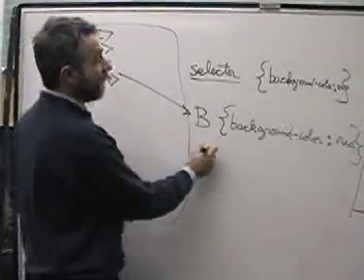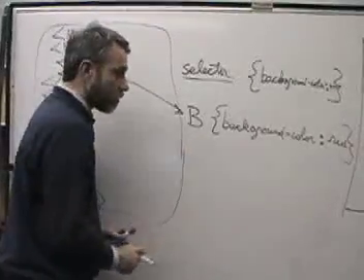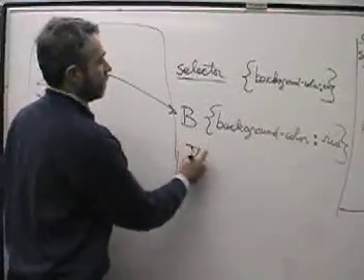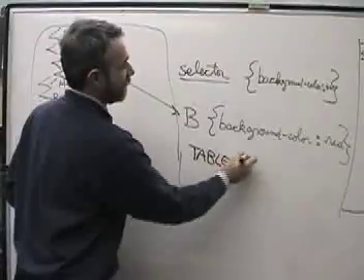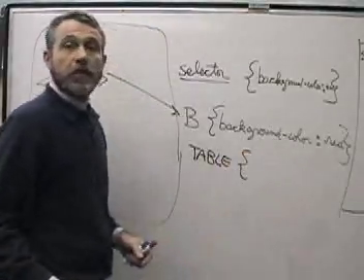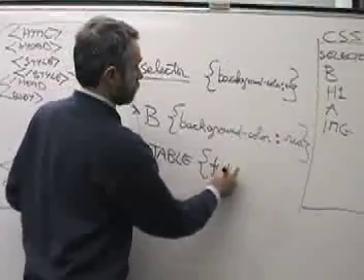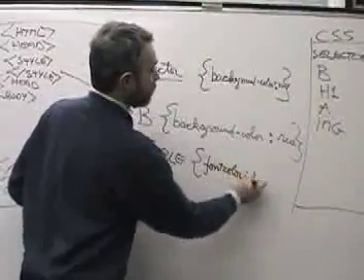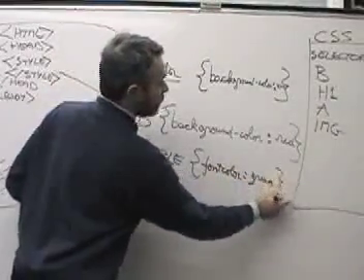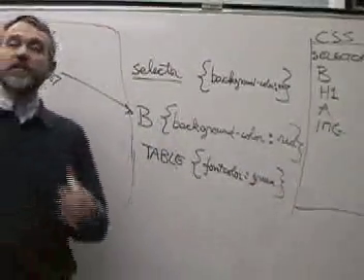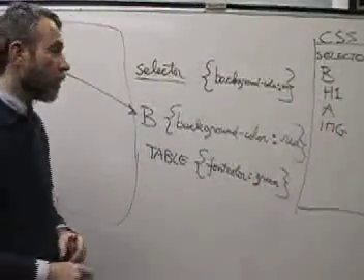So if you want to have tables, all tables with font color green, that's how you do it. And if you have several instructions, you separate them with semicolons.